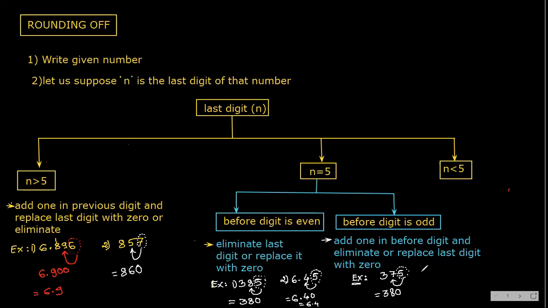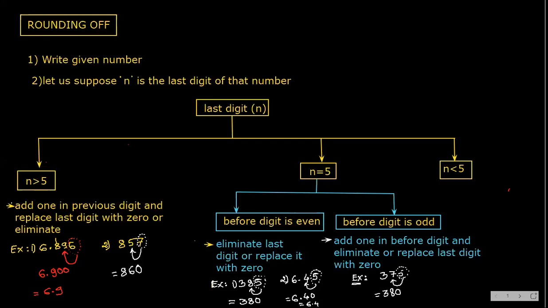Sir, why not 370, sir? It's all rounding off. That's what we are learning, rounding off rules. These are the rules. Why only 380? If it is 371, in the range 1, 2, 3, 4, up to that we can take 370.